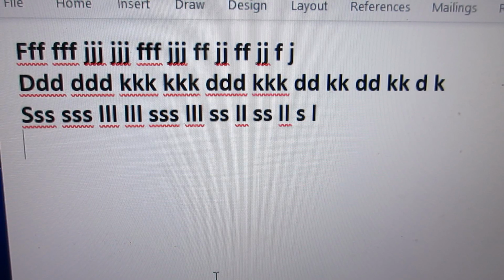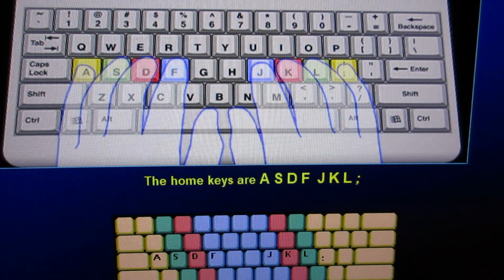Now let's do the A and semicolon keys. This one, the F and J fingers remain on the home keys while typing A and semicolon.